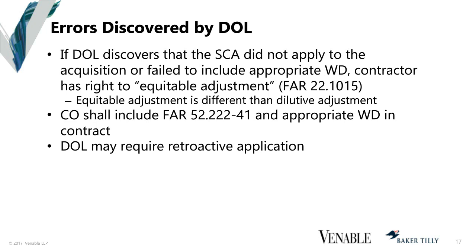It's FAR 22.1015, and this is a provision that essentially provides that if the Department of Labor discovers that a contract was supposed to include the Service Contract Act clause, that the SCA was supposed to apply to the acquisition, or that it did not include the appropriate wage determination, you as the contractor have a right to an equitable adjustment to account for that error.